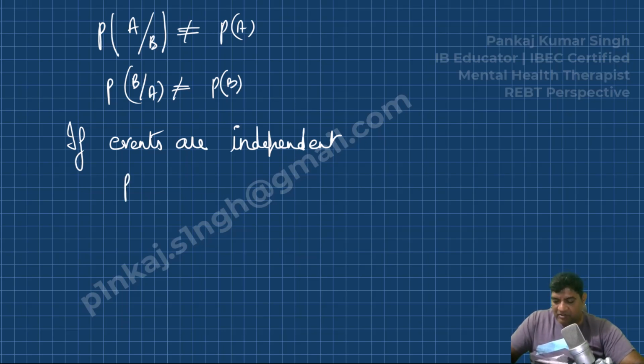And that would mean that the probability of A given that B has occurred will be equal to the probability of A, and the probability of B given that A has occurred will be equal to the probability of B.